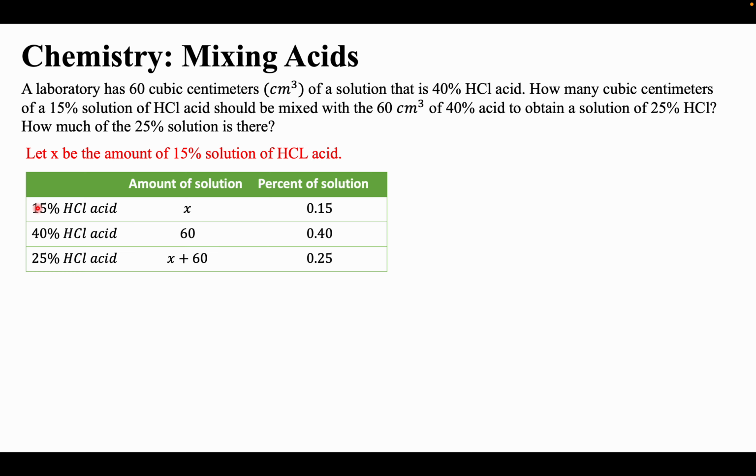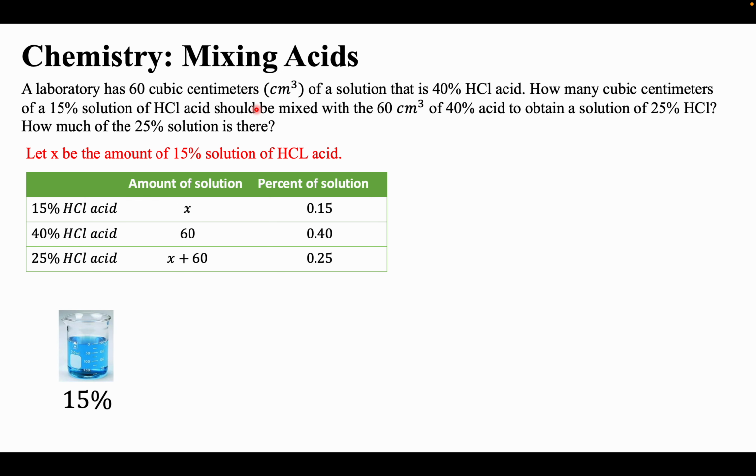We're mixing this 15% solution with the 40% solution to obtain this final solution, right? How much of the 15% do we have? Well, we don't know, so X represents that. But we know that there is 60 cubic centimeters of this 40% solution. If I mix those two up, the final solution should be X plus 60.